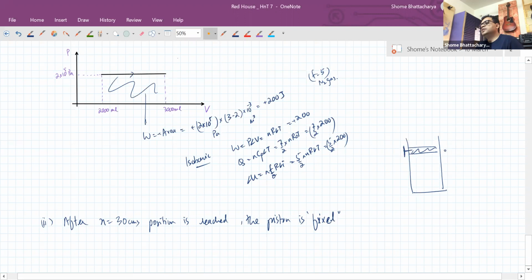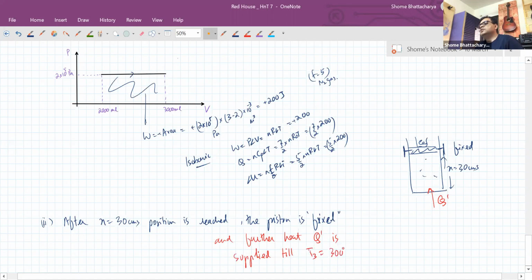We put two nails like this, so the piston becomes fixed at x equal to 30 centimeters. So we fix the piston, and now further heat is supplied. Okay. And further heat Q prime is supplied till a final temperature of 300 Kelvin is reached.